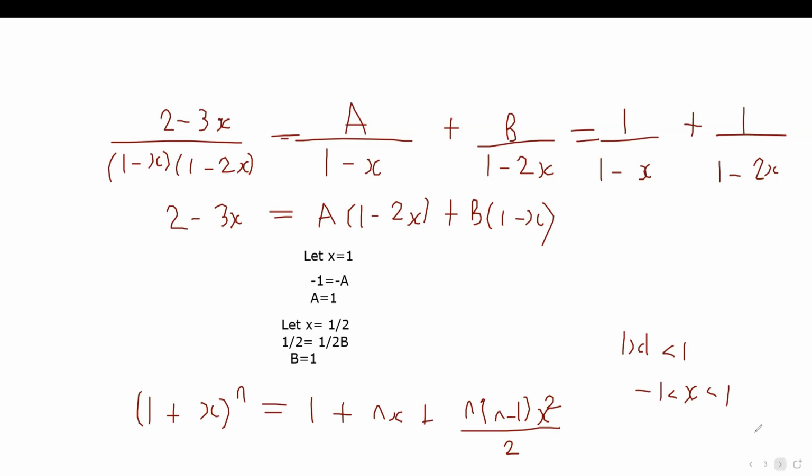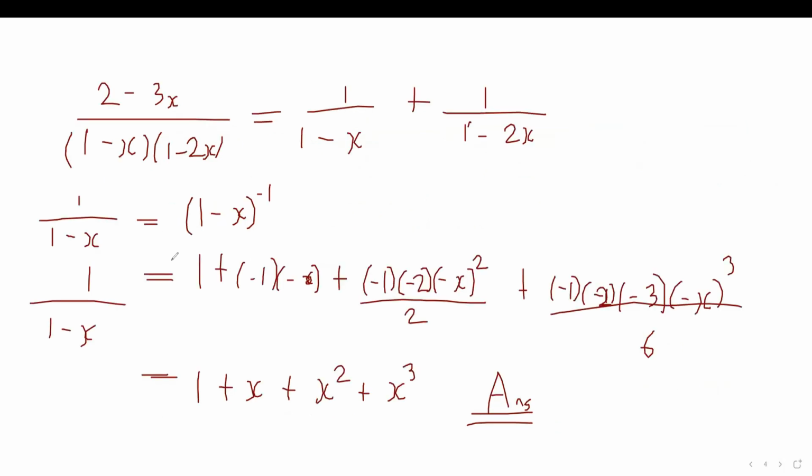So in a case like this, from this one right here, this one would be valid between 1 and minus 1. So you have minus x, the modulus of minus x, which is x. In a case like this, it's valid when x is less than 1 but bigger than negative 1.